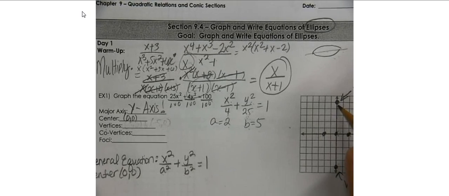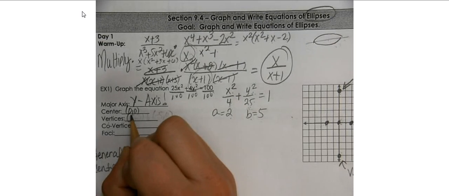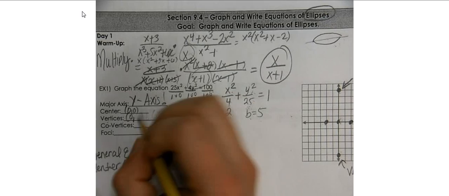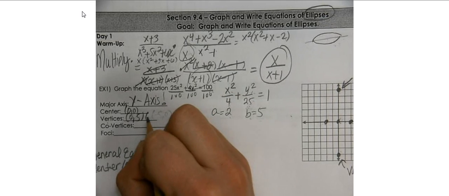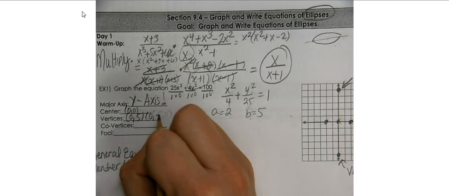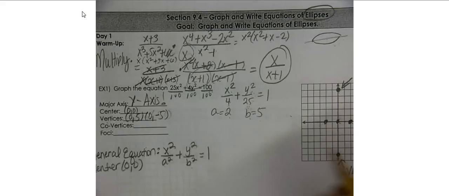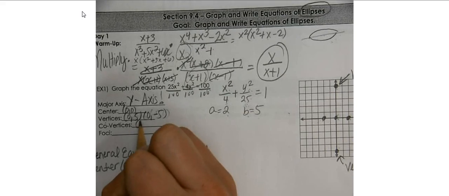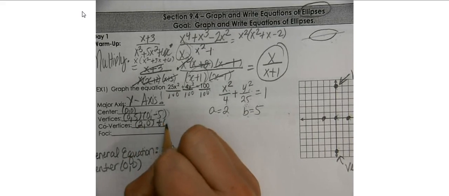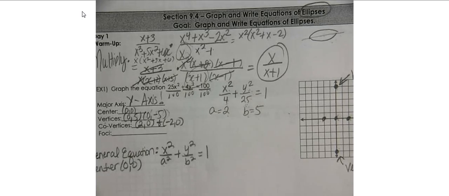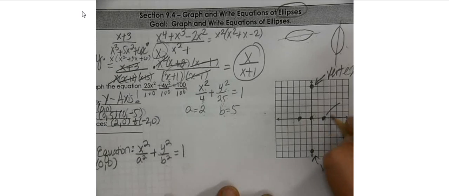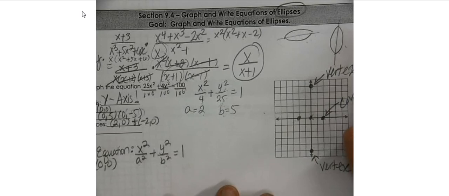The vertices are located at 0, 5 and 0, -5. And now my co-vertices are going to be located at 2, 0 and -2, 0. And these are called a co-vertex. So this is a co-vertex.